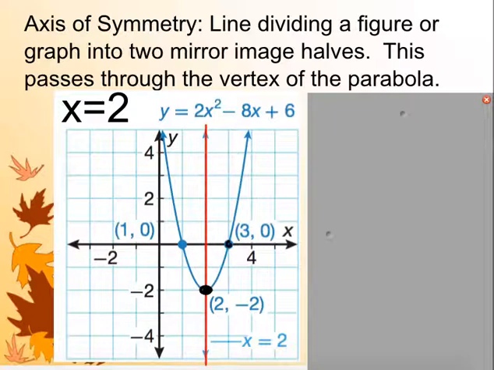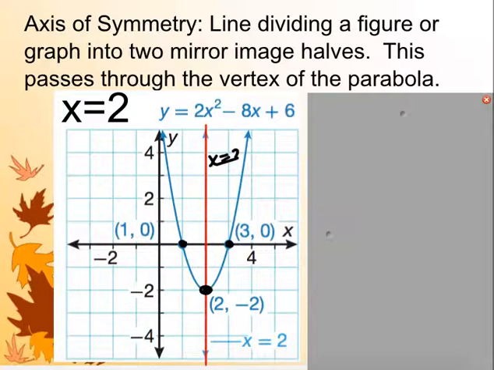When we look at our x-intercepts, though, they correlate to that vertex and that axis of symmetry at x equals 2. Remember, vertical lines we describe as x equals. And we notice that that axis of symmetry is right between our two intercepts.